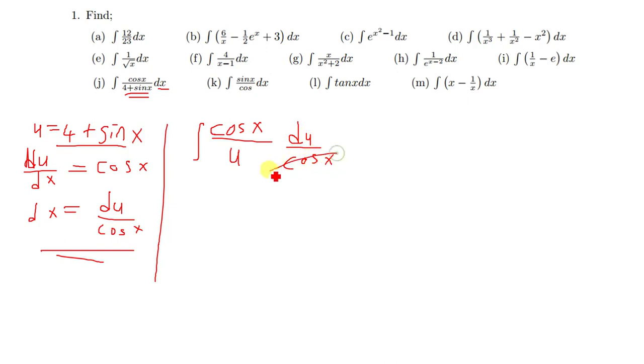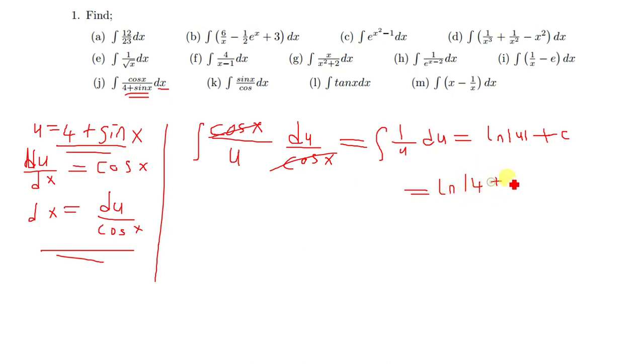You can see that the cos x will cancel when we multiply, which means I'm just going to remain with the integral of 1 over u du. The integral of 1 over u is ln u plus c. But we know that our u is just 4 plus sine x, so I'm just going to replace u with 4 plus sine x.